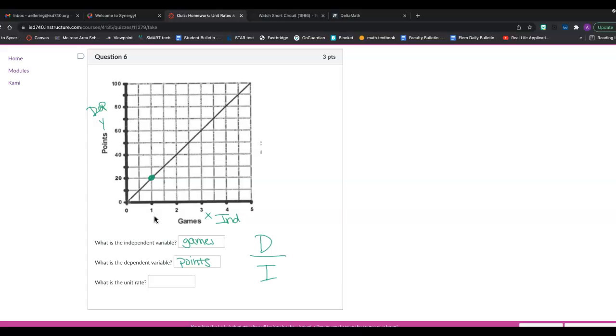Abby? 20. It's 20 over 1. There's your unit rate. Now, if you were to pick this point, would it still be the same thing? Absolutely, because that would be 80 over 4, which would simplify to 20 over 1. 20 points per game.